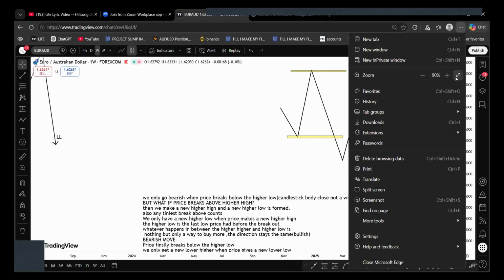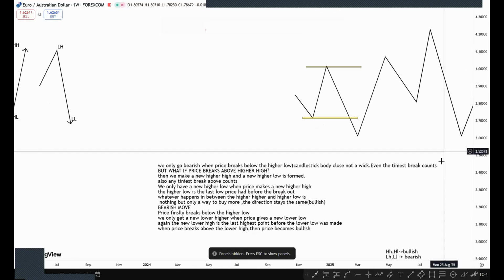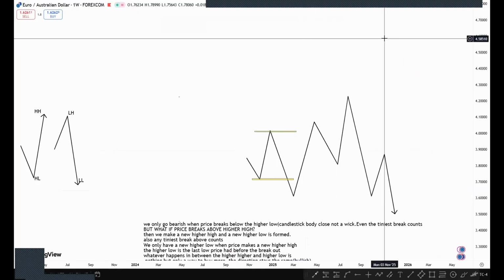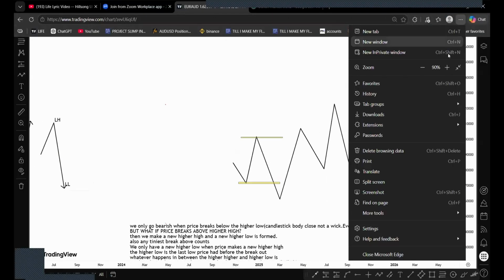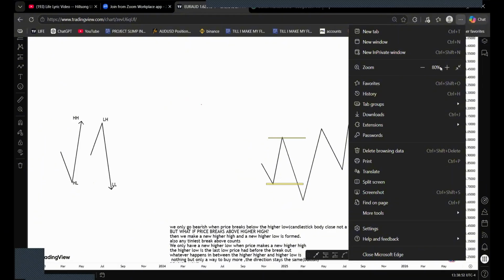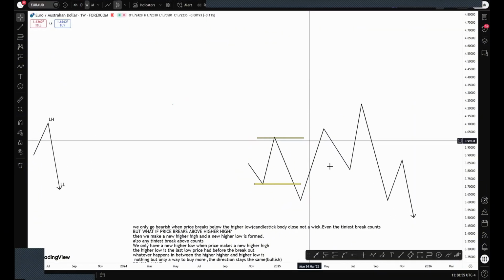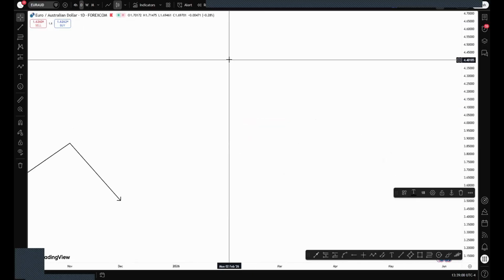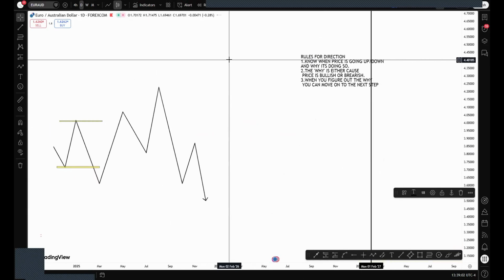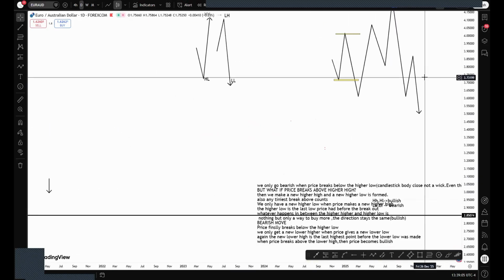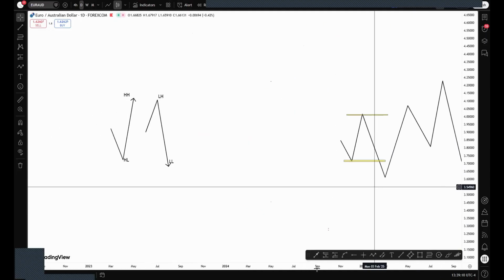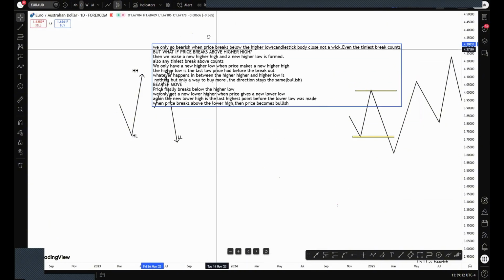So let me just do this. Okay, so what did I do? Okay. So we already know about these rules. Let's see if we can try to reduce this. Much better. We already know about these rules we'll be applying here.